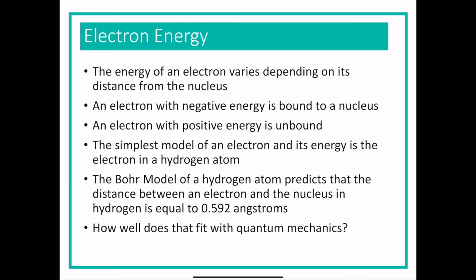Since the Bohr model says it's here, and we know it's not really there, we know it could be there, but it may not be there, how does that fit together? How does that value, which is supposed to be the distance of an electron to the nucleus, fit with the fact that we know that it's not going to be exactly there all the time? It could be somewhere else. Well, this is how it gets resolved, and this is where I need to do more math.